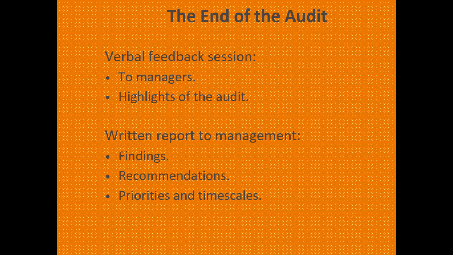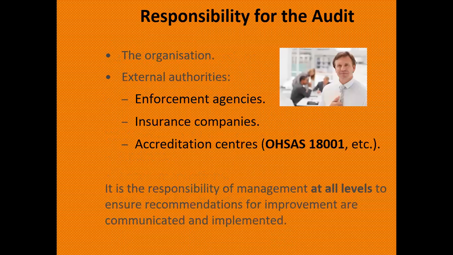He also mentions the priorities and the time scale, which issues need to be done on a priority basis, and in which time scale these observations need to be fixed.